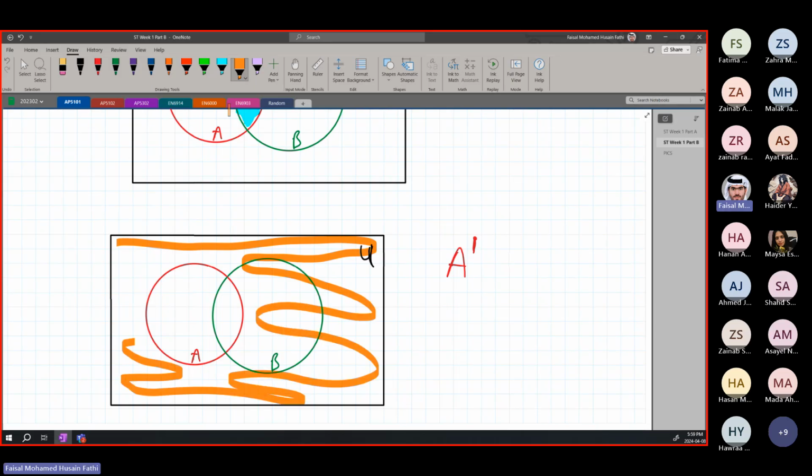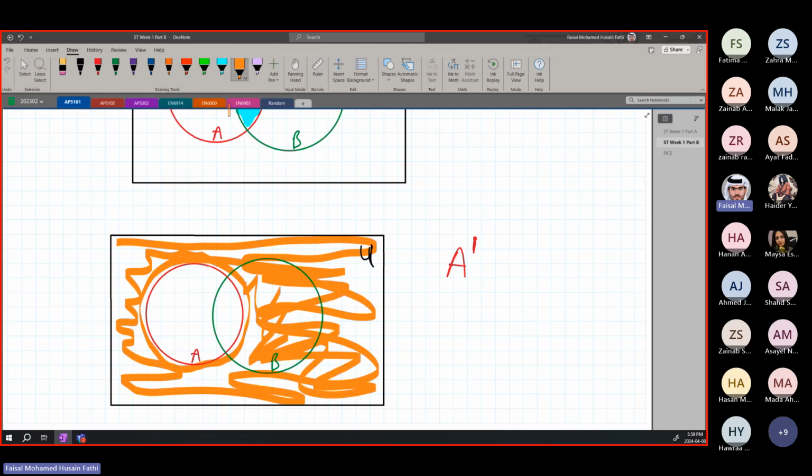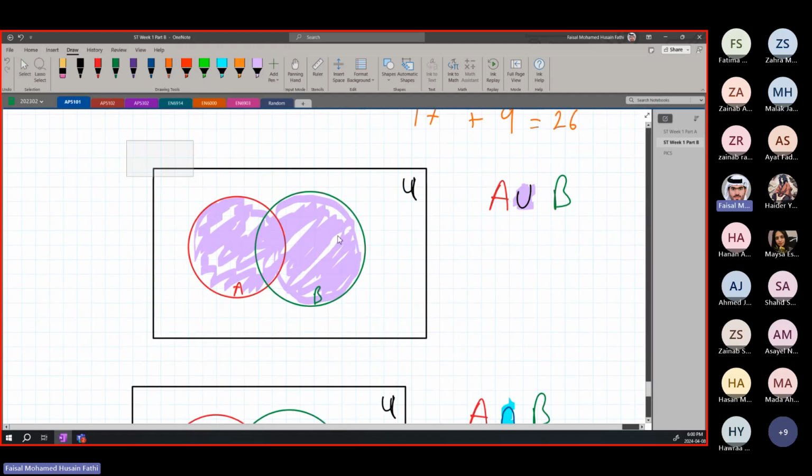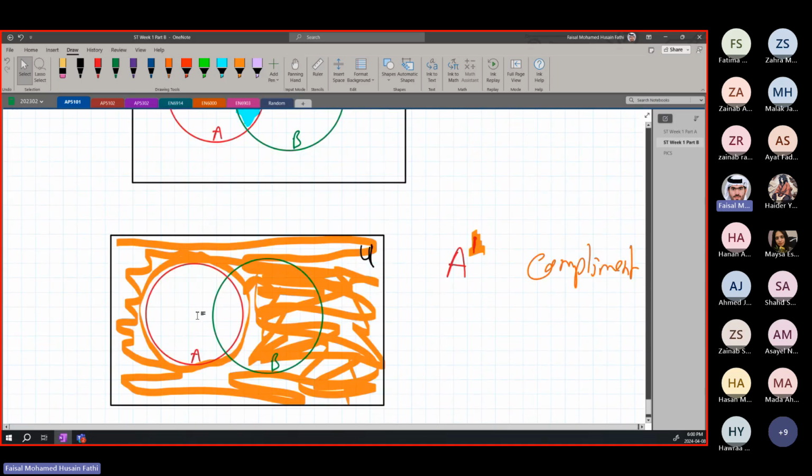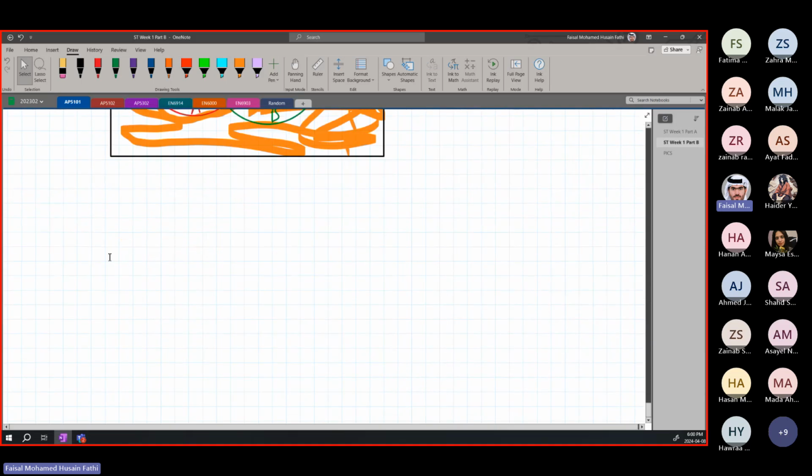So it's going to be this entire shaded area surrounding the A circle. This entire thing is the complement of A, A prime. So it's basically the opposite, it's not A. Whatever is in A, the opposite of that is going to be the complement.